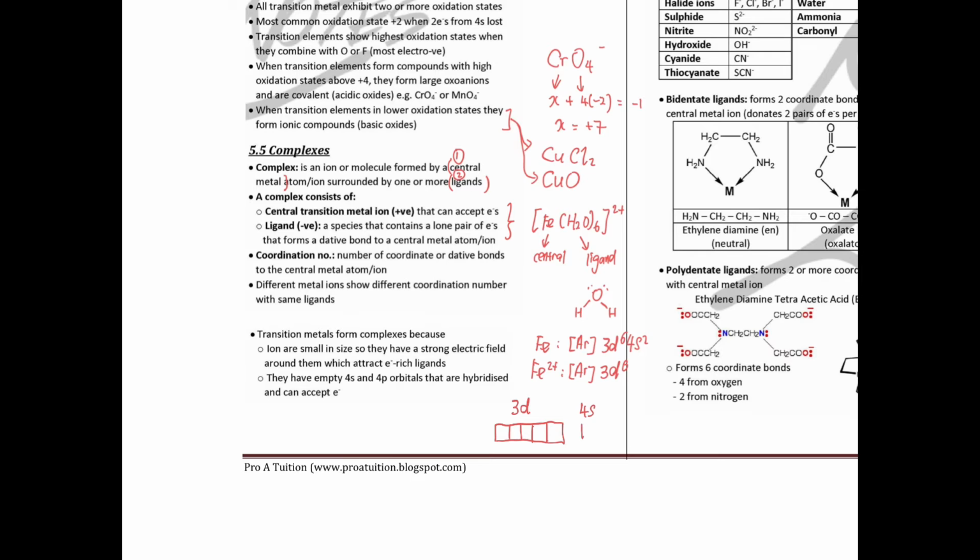4s with 1. The next one is 4p. 4p, there are 3. And you have to put all the 6 electrons squeezed together in 3 orbitals here.